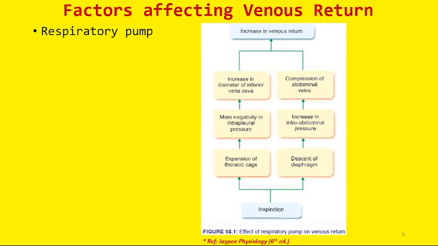Not only movement of diaphragm, but inspiration also causes movement of the thoracic cage, which causes the intrapleural pressure to become more negative. So this change in intrapleural pressure will further increase in venous return. So respiratory pump is one of the important factors that affect venous return.